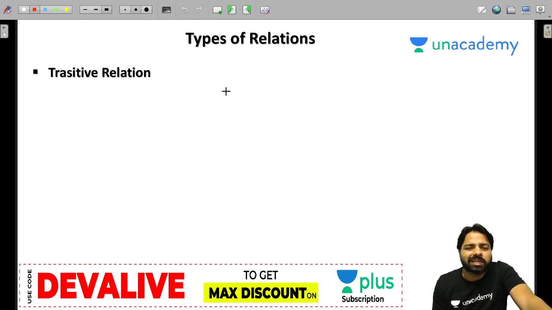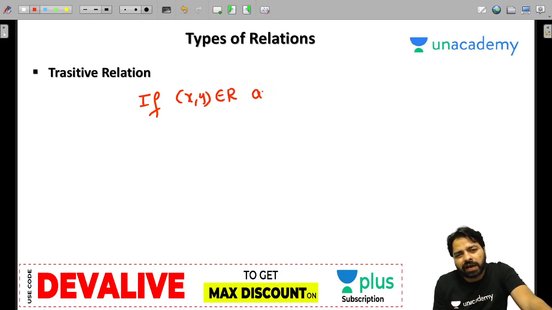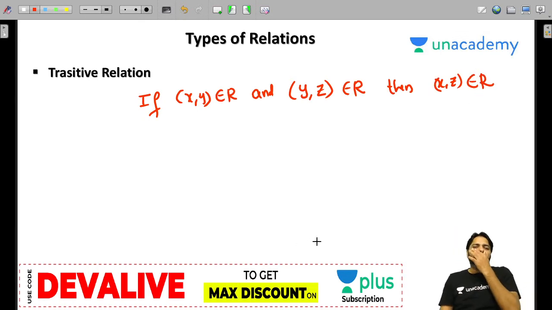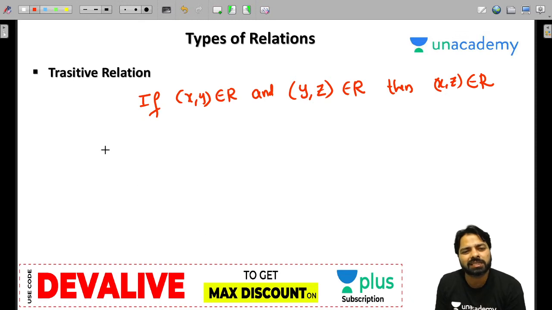Okay, transitive relation. I'll just revise the definition. If A comma B, or I can use X comma Y, whatever it is. If X comma Y belongs to R and Y comma Z belongs to R, then X comma Z belongs to R. Right? Example, suppose A is equal to {1, 2, 3}.